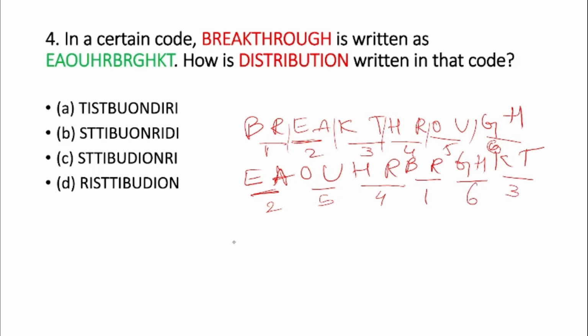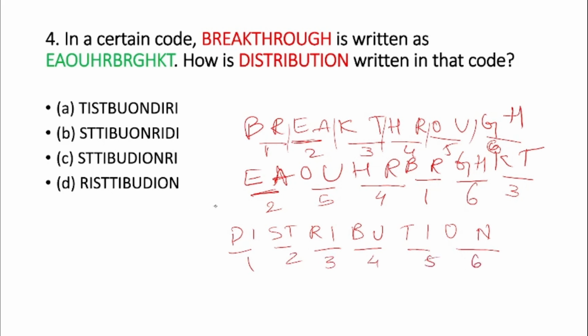If we apply the same logic for DISTRIBUTION and give numbering to the pairs 1, 2, 3, 4, 5, 6, we have to arrange the pairs in this order.